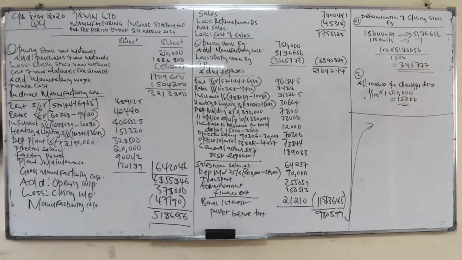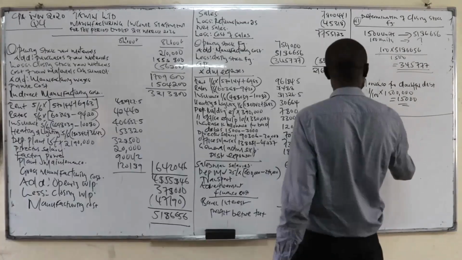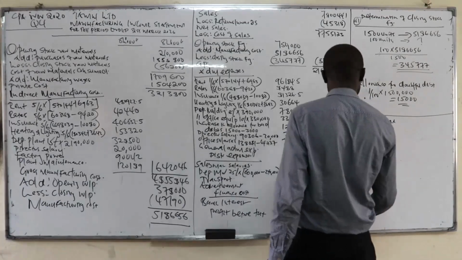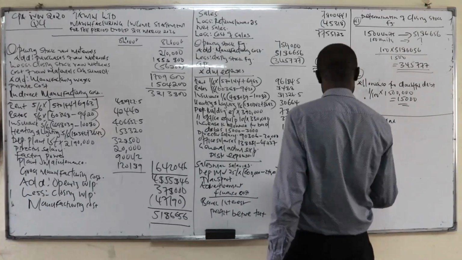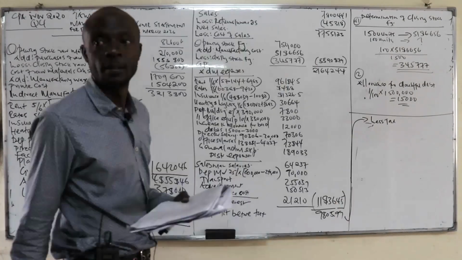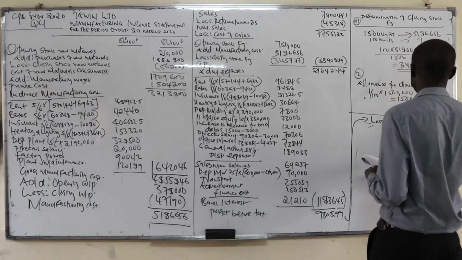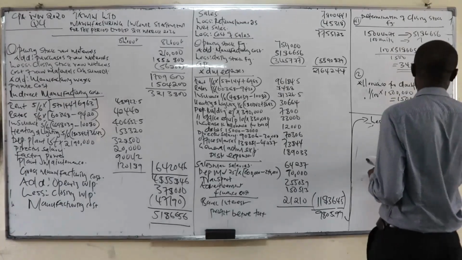So less tax. Less tax, how much? 880, 929, 559, like that.